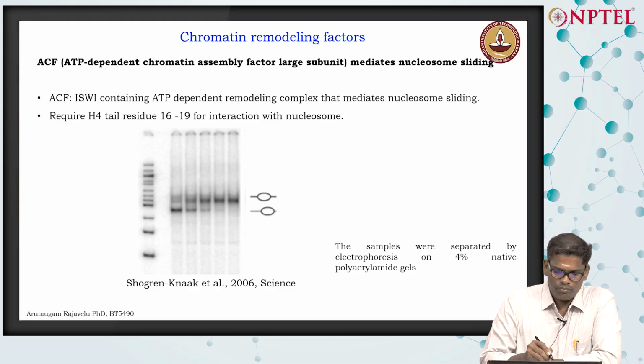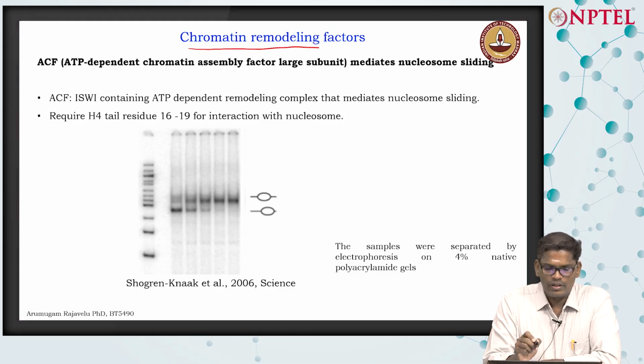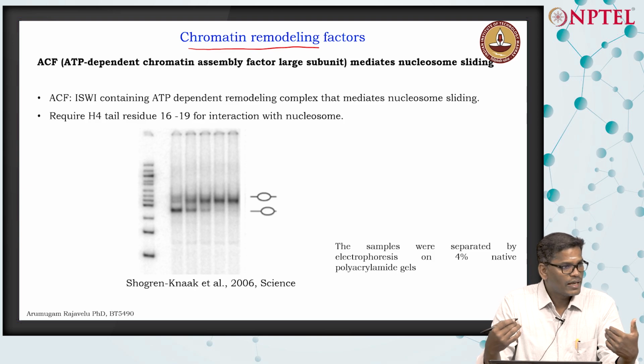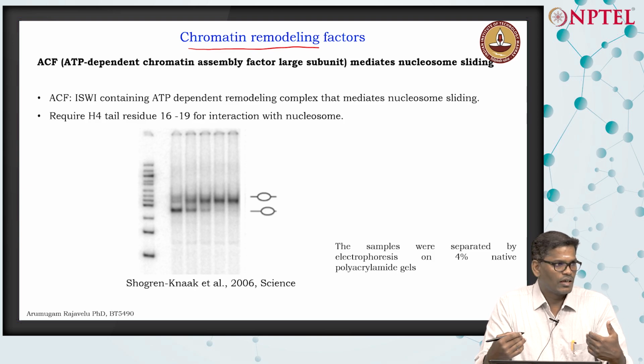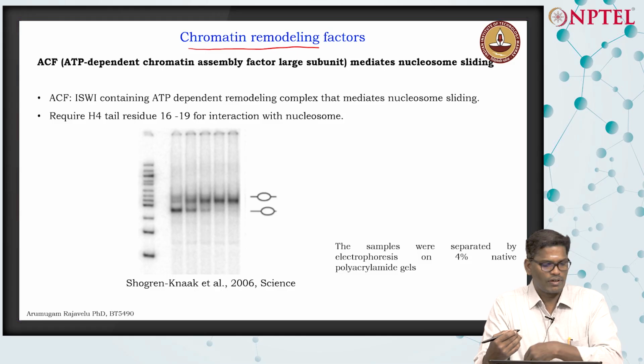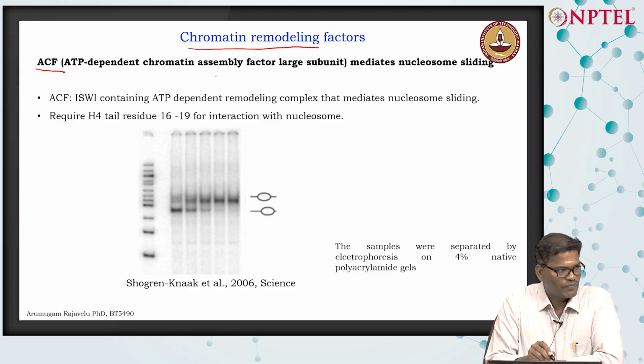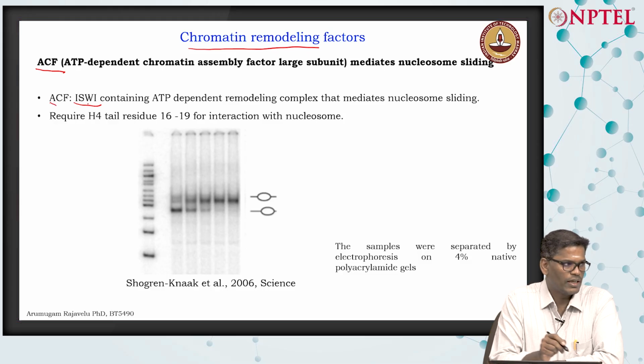This is one of the beautiful biochemistry assays they conducted in the early 2000s to show that chromatin remodeling complexes indeed can slide the nucleosome positioning, at a single molecule level. They used the chromatin remodeling complex called ACF, ATP-dependent chromatin assembly factor, one of the large subunits, which is part of the ISWI-containing family.